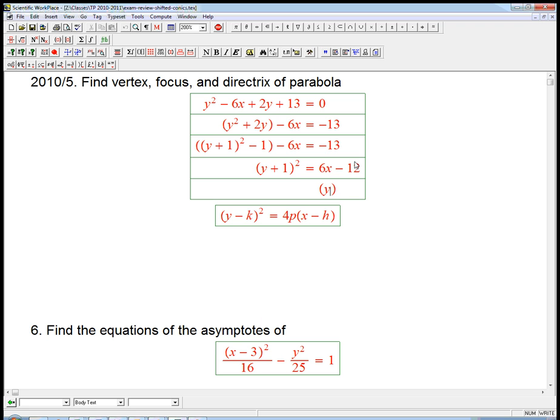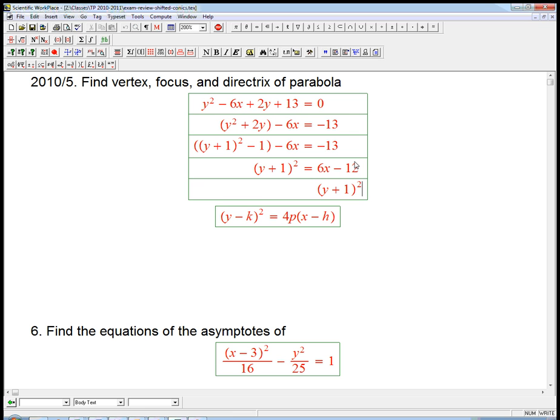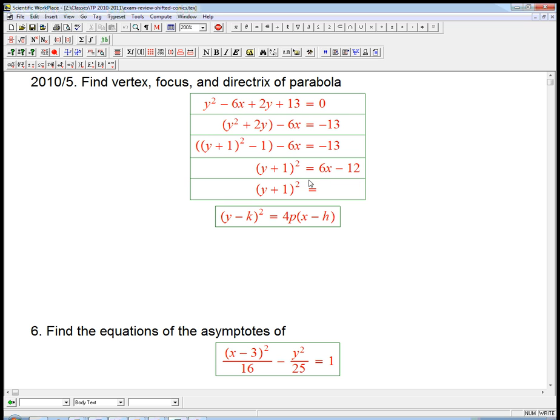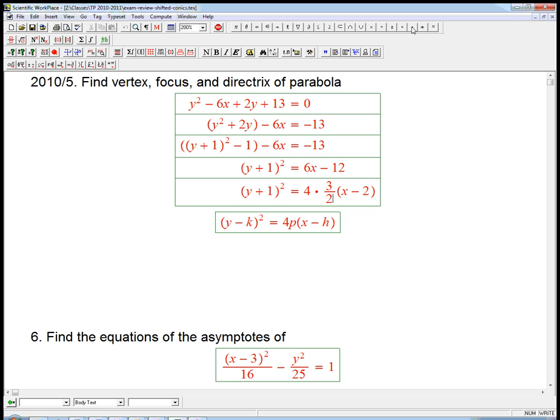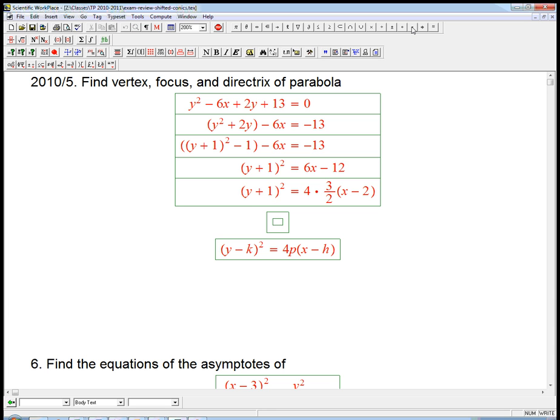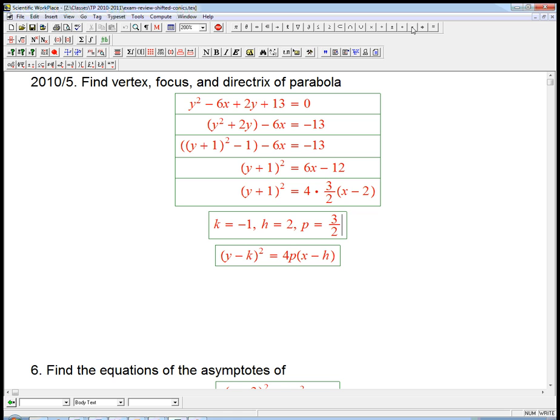So the left-hand side is all set, and we're seeing our shift down 1 with a k equals minus 1. And then it's 6 times x minus 2, and I'm even going to write that as 4 times 3 halves times x minus 2. Okay, so we're getting that k is minus 1, h equals 2, and p is equal to 3 halves.